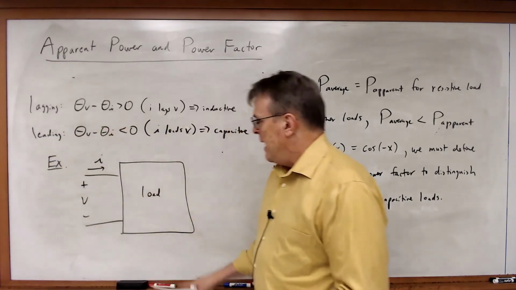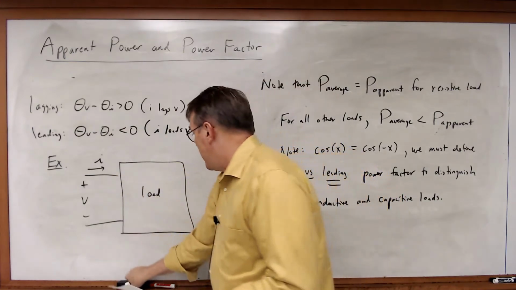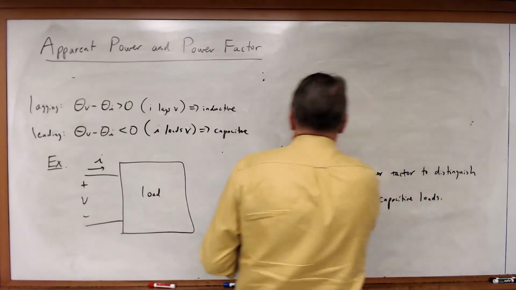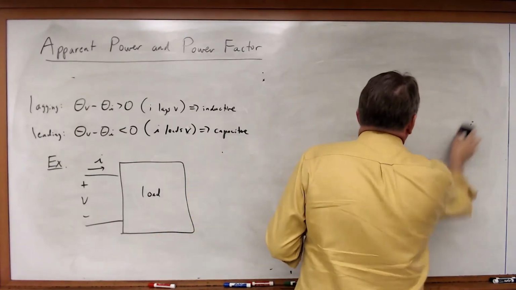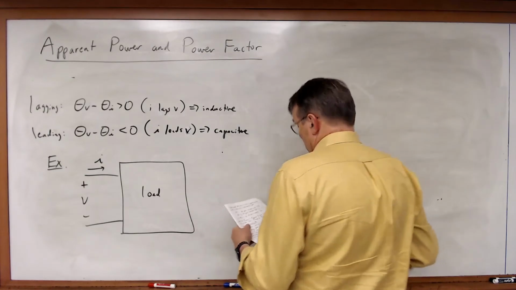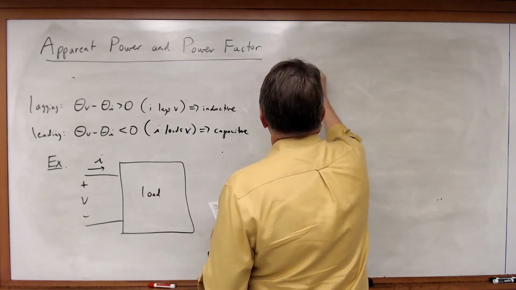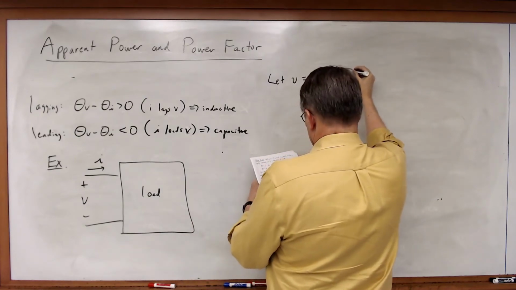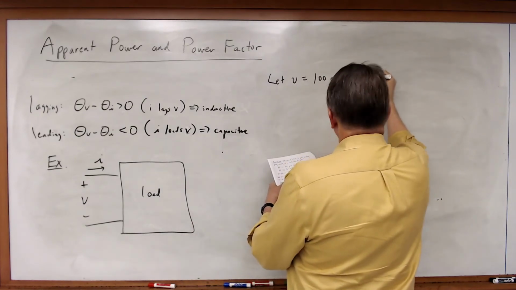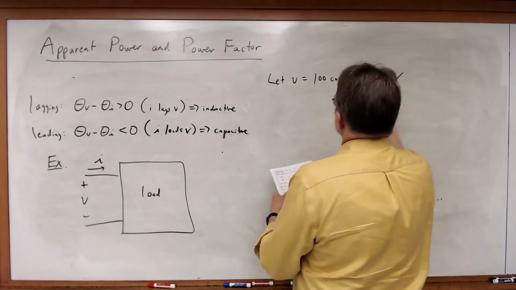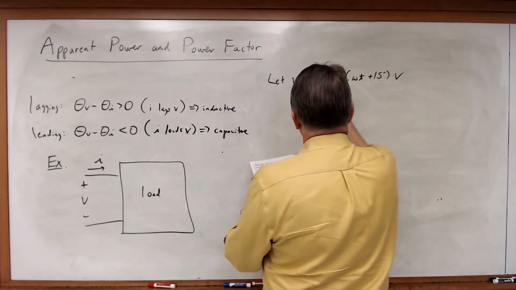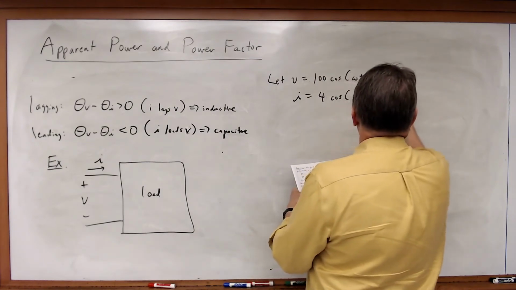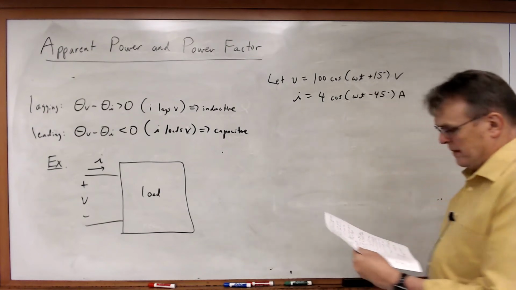And I've got the following values for V and I. For this example, let V equal 100 cosine(omega t plus 15 degrees) volts. Let I be equal to 4 times cosine(omega t minus 45 degrees) amps.